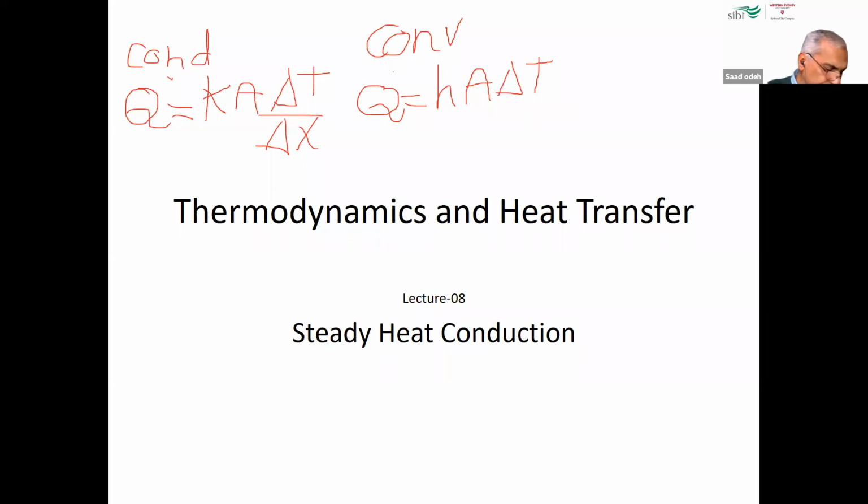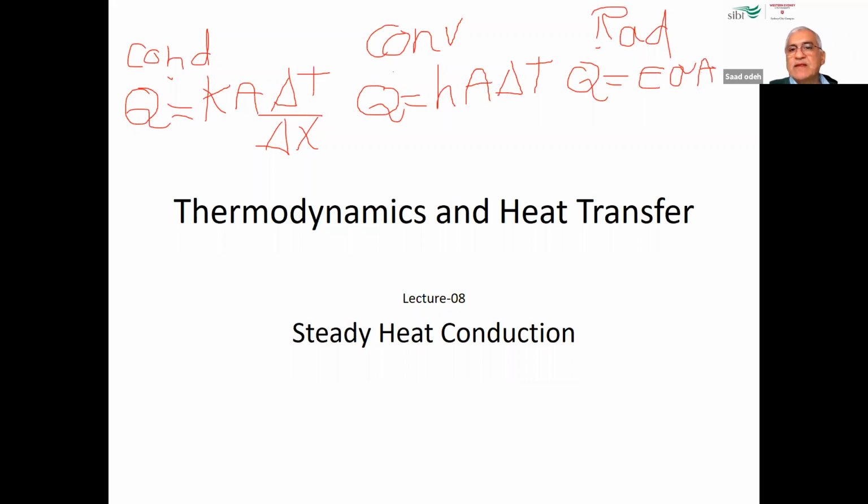And the last one, heat transfer by radiation. We said that Q dot here is equal to the emissivity. We said emissivity depends on the color of the surface, multiplied by sigma, the Stefan-Boltzmann constant, multiplied by the area and multiplied by the difference in temperature.